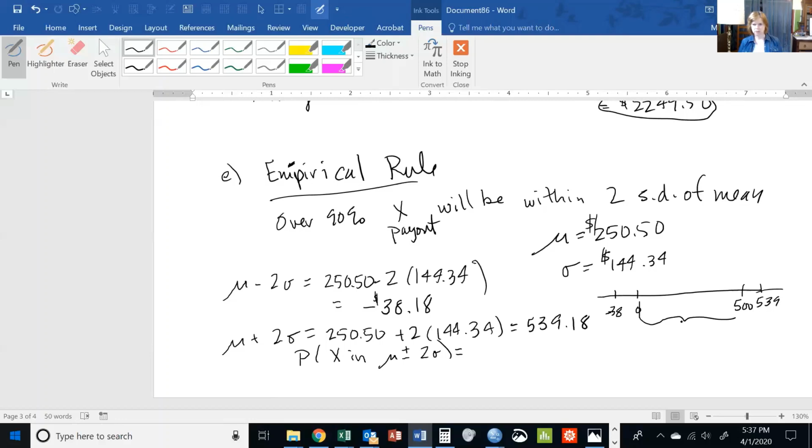So this probability is 1. Normally, for most distributions, I have to go out 3 sigma to get there. But for this one, I went out 2 sigma and got all of my observations. That's unusual, but this is kind of an unusual distribution.